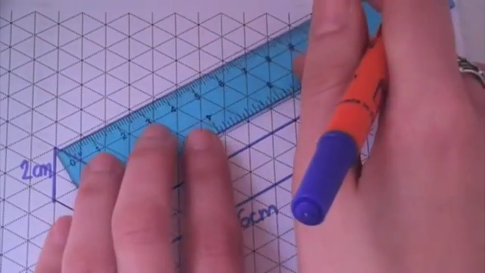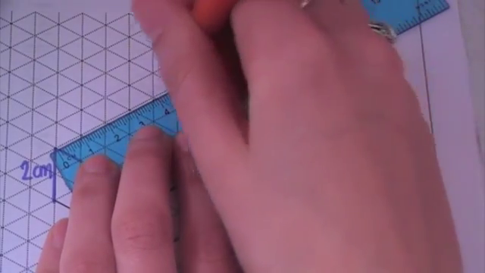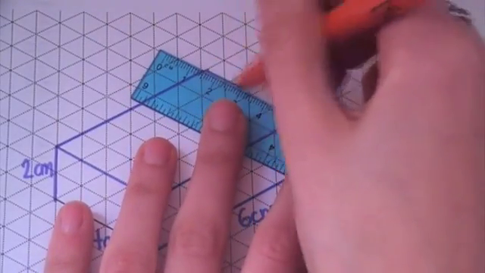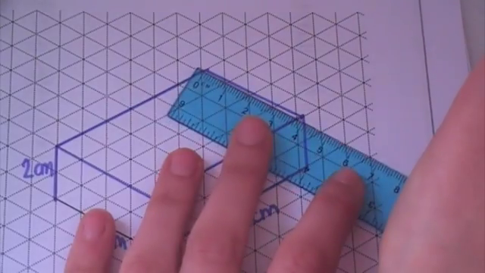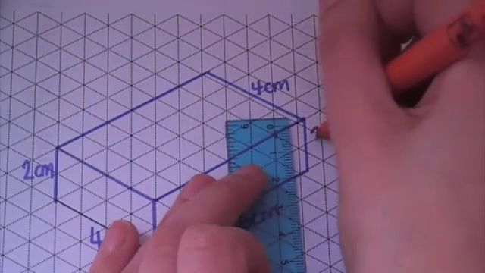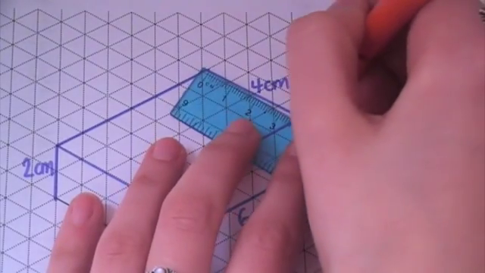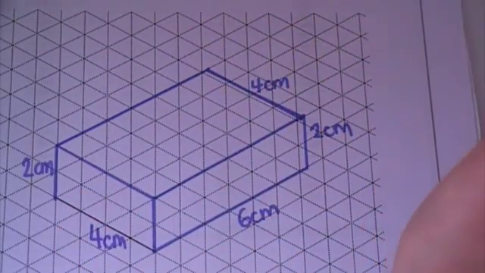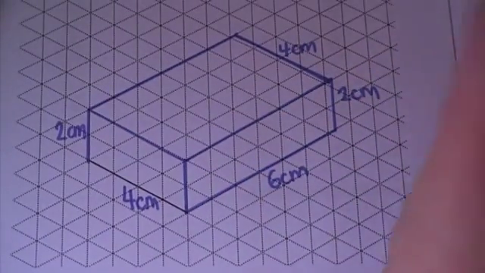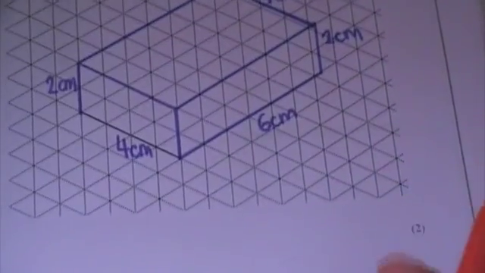Your final one over here to make the cuboid, 6 centimetres, which means we'll join these two to complete. Now to double check, that should go to 4 centimetres and these should be 2 centimetres. Oh, mine hasn't quite. So my pen's a bit too thick, but 2 centimetres, 4 centimetres, and going back 6 centimetres, as long as you've done those accurately, you get 2 working marks for this.